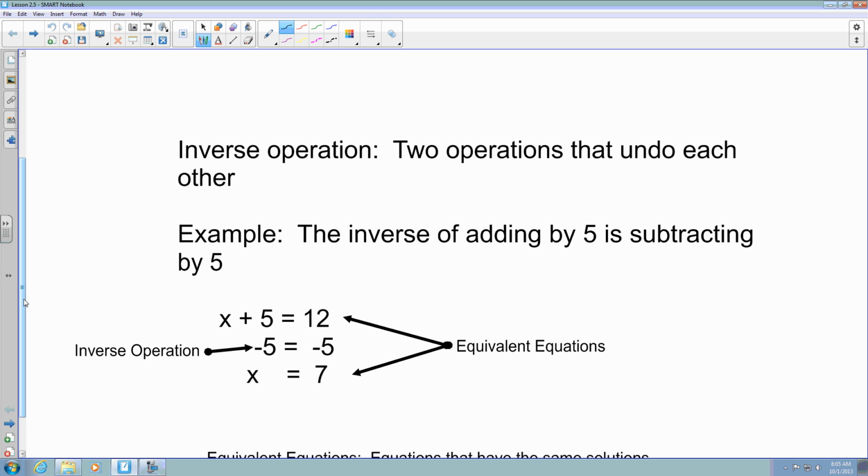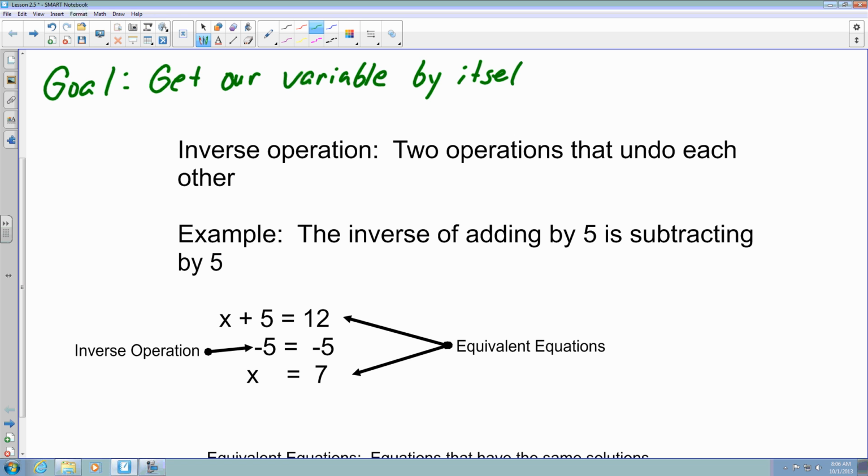So like we talked about in class, our goal was we wanted to get our variable by itself on one side of the equal sign.